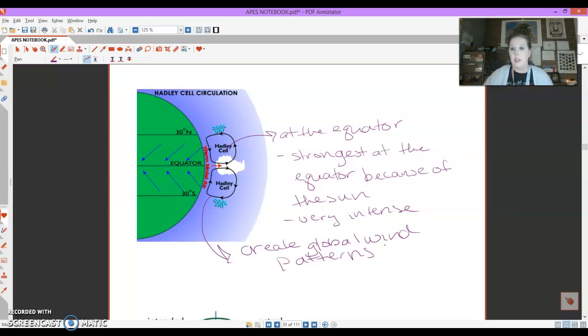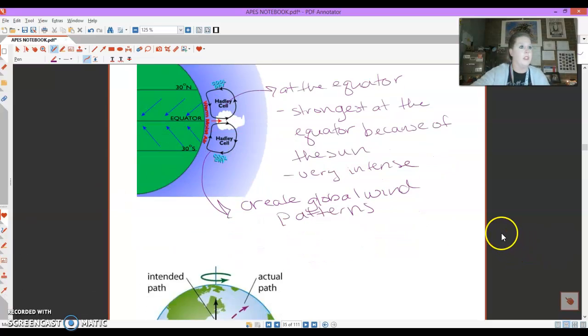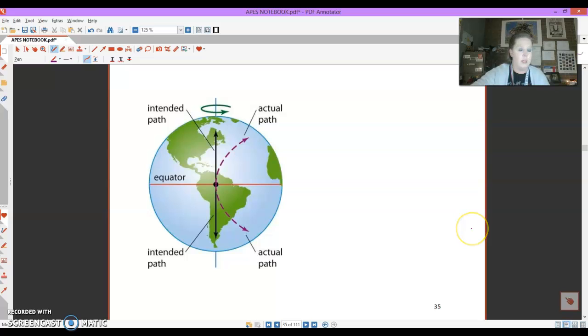That's because of Hadley cells. Okay. Now, let's look at this image right here. So this image is showing us what we call the Coriolis effect. And I mentioned this, I think, in the first video.